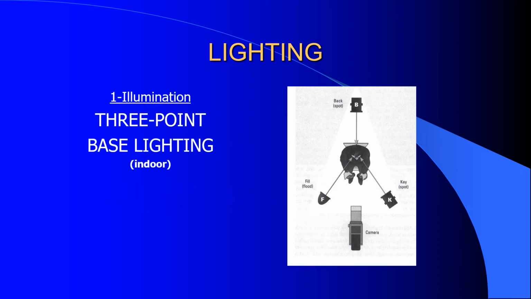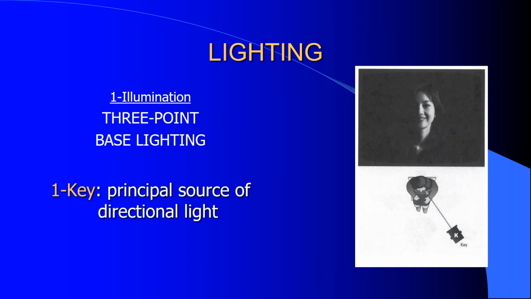So now let's review what we talked about before in lab, and that is the basics of three-point lighting. Again, three-point lighting is, like it says, three lights, except there is the option for a fourth light. First, the primary light is the key light. Remember, the key light is the primary source of light.